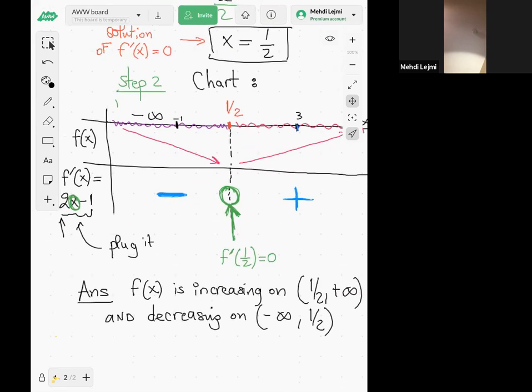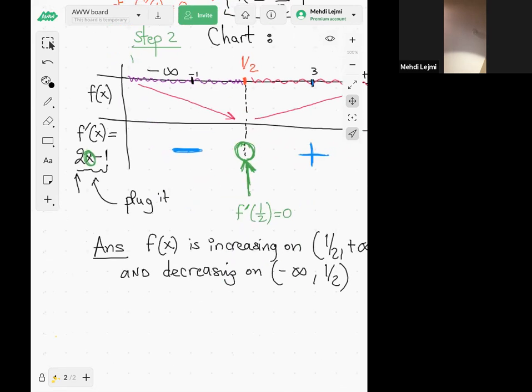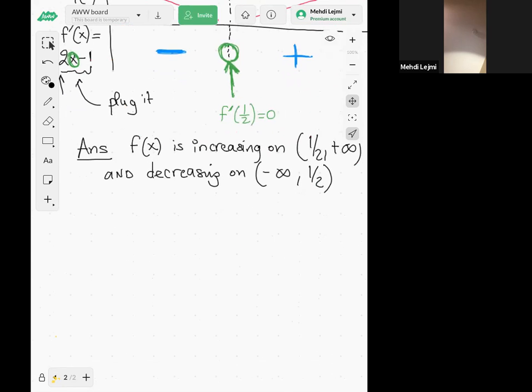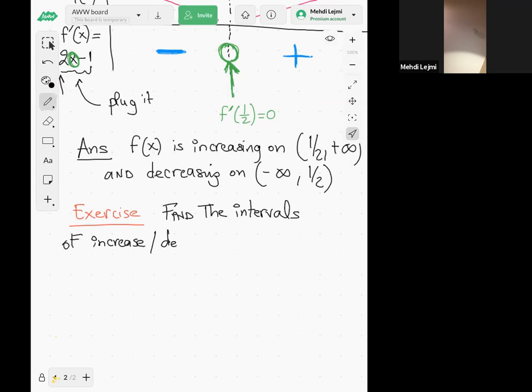Okay, so here's an exercise, guys. Same thing. Find the intervals of increase and decrease of f of x.